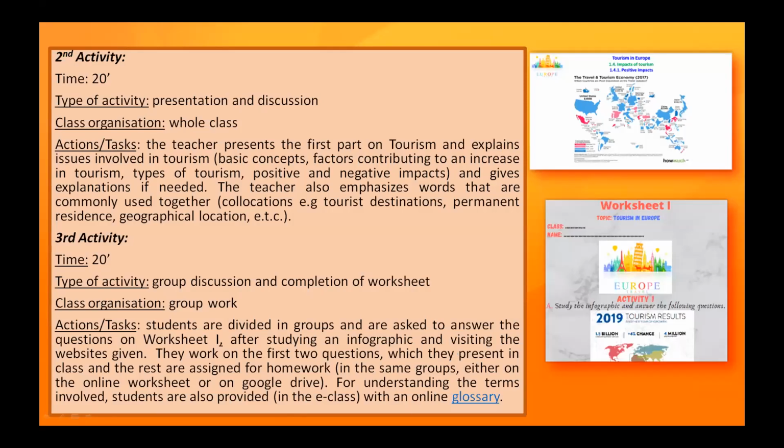There are lots of activities, and teachers who are going to implement the scenario can choose which activities to do or assign, taking into consideration the students' level and capabilities. A glossary of terms is also available for support, especially for less able students.